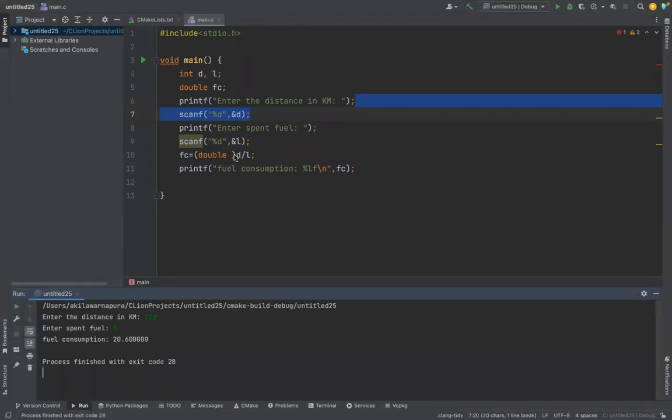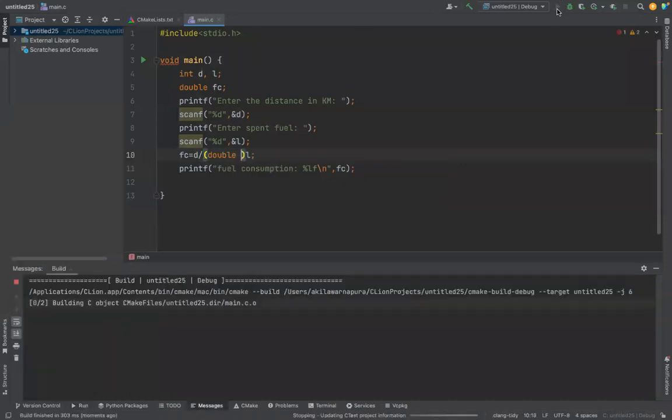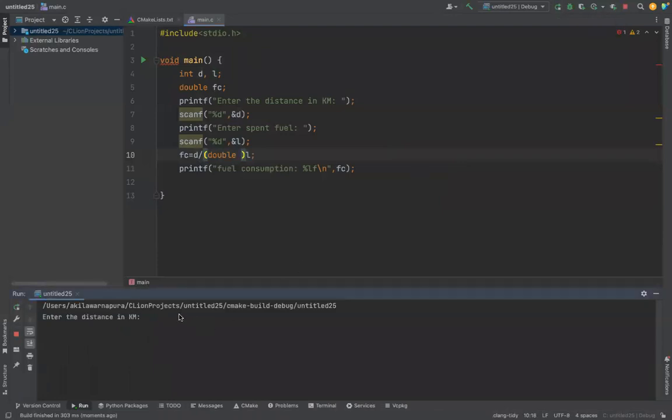Okay, it is not required to put the double to this side. If you want, you can put the double to the L side. That means in front of the L, open and close the bracket, double. Okay, let's run this program. 103 divided by 5 is again 20.6.